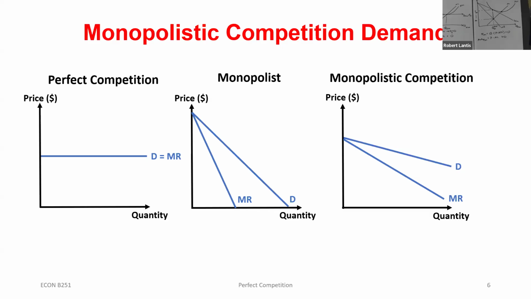Firm demand will always be what relative to market demand? Well, if I'm splitting the market demand with 19 other firms, my firm's demand curve will always be less than market demand, right? So it's going to start out at a point that is lower. I'm only going to be getting a portion of the overall demand for apartments, right?